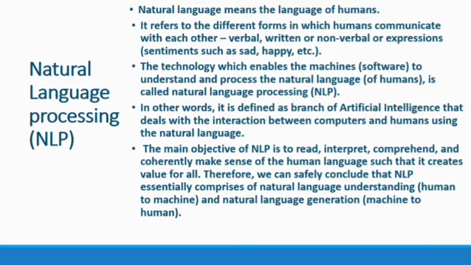अगर NLP के पूरे जो प्रोसेस है उसको अगर हम डिवाइड करें, then NLP essentially comprises natural language understanding. जो हम कह रहे हैं उसे पहले मशीन समझे, that is natural language understanding, which you can also call human to machine. Next part is natural language generation.